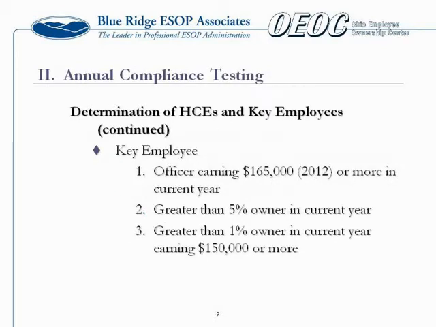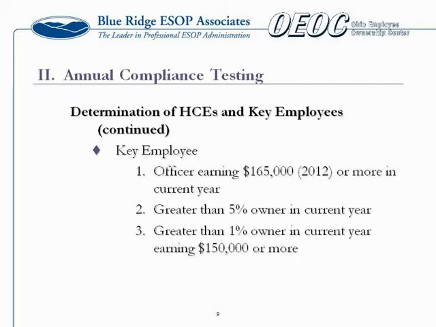All right, that moves us on to the next definition, key employee. This definition is important for defining a key employee in the context of the top-heavy Code Section 416 compliance test, and this was just inflation adjusted up again. There are 3 different ways you could be defined as a key employee for this particular compliance test.